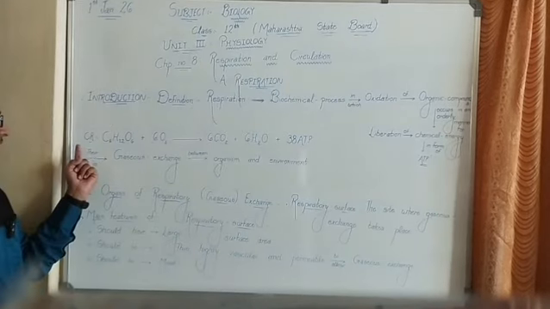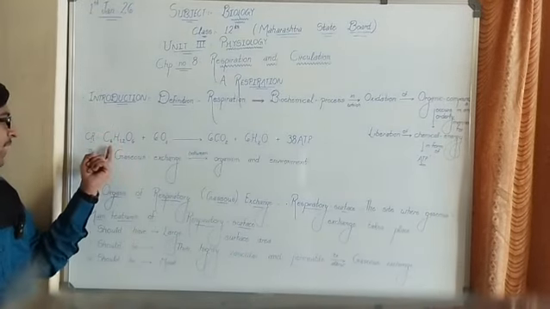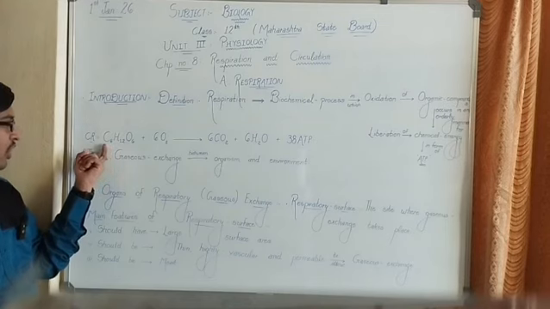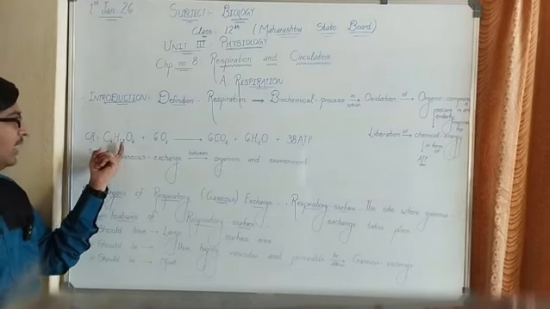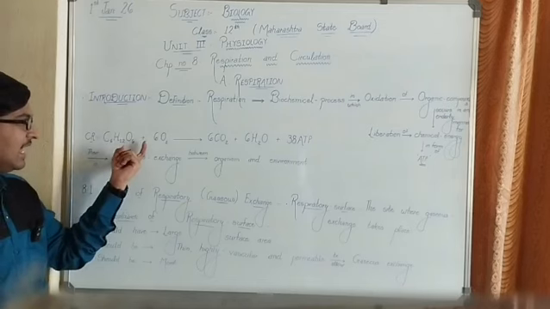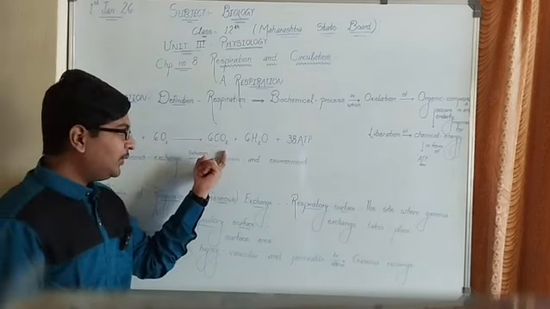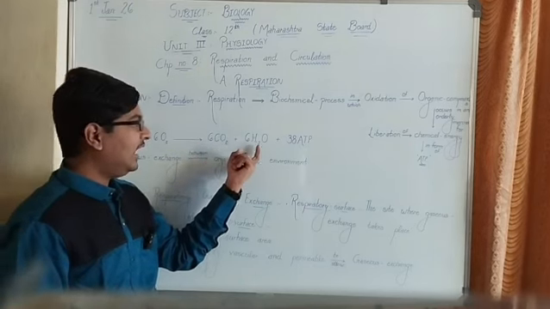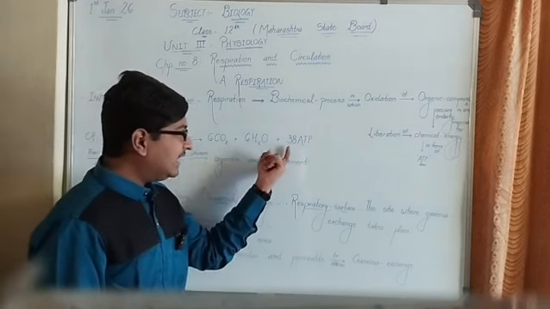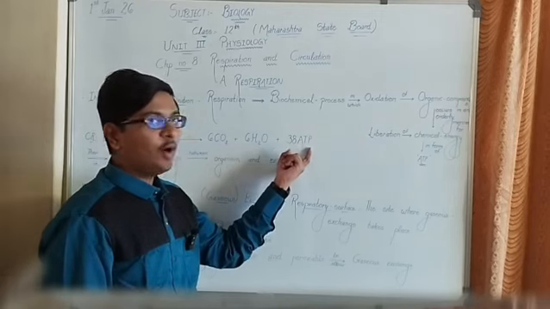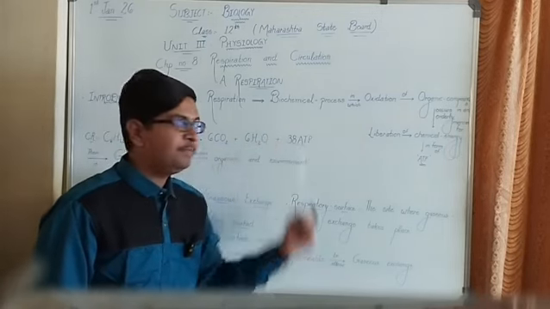Here you can see the chemical reaction of respiration. This is one molecule of glucose. C6H12O6 plus 6O2 gives 6CO2 plus 6H2O plus 38 molecules of ATP.